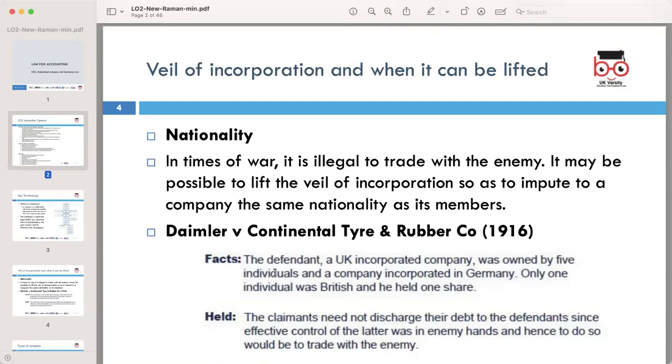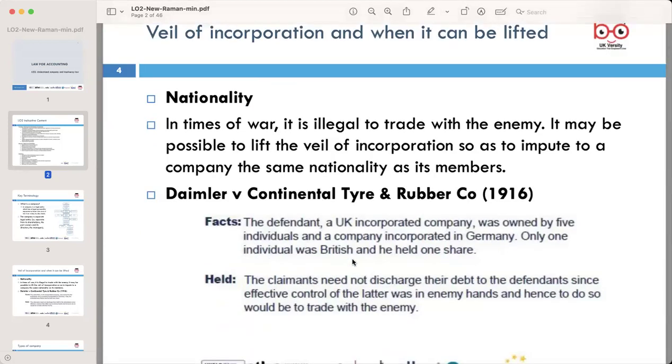An example is the Daimler v Continental Tyre and Rubber Company case of 1916, where effective control of a UK incorporated company by individuals with enemy nationality led to the lifting of the veil, preventing debt discharge to the company in wartime due to the implication of trading with the enemy.